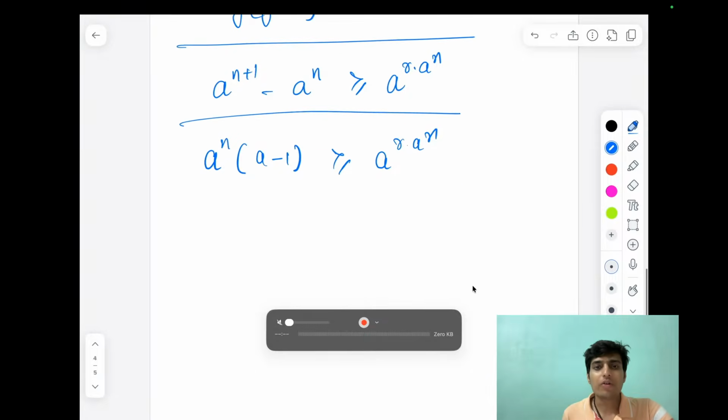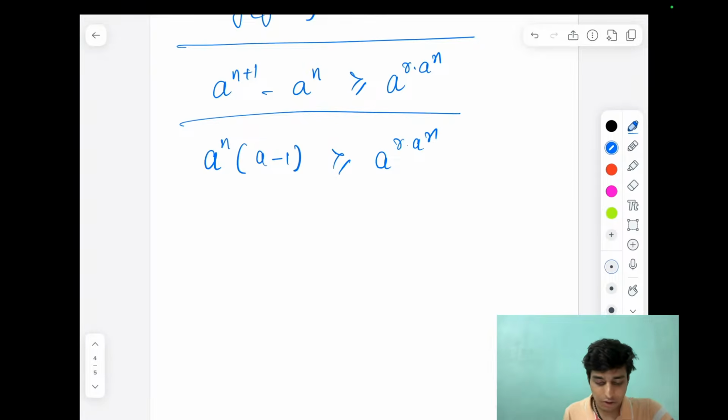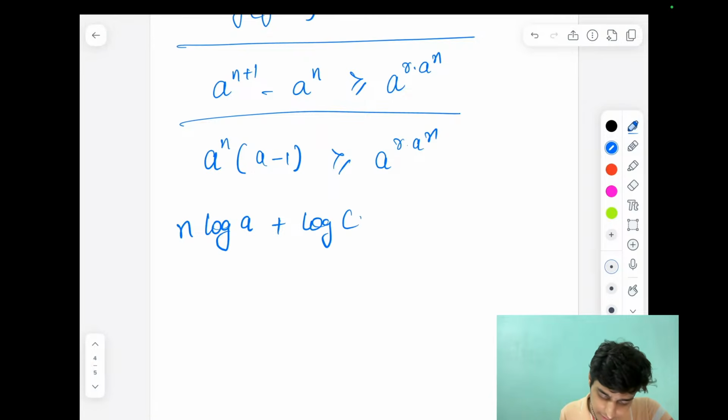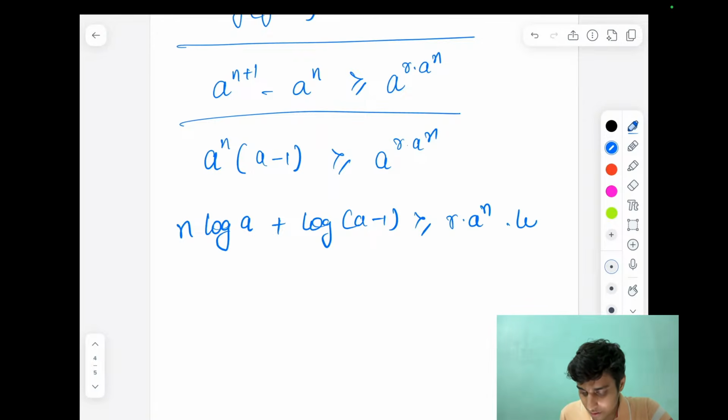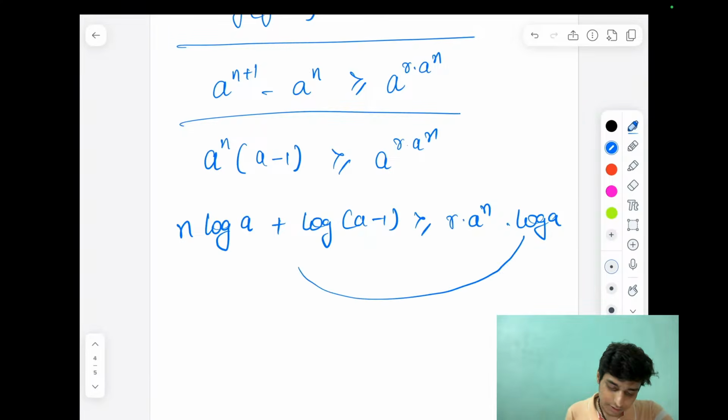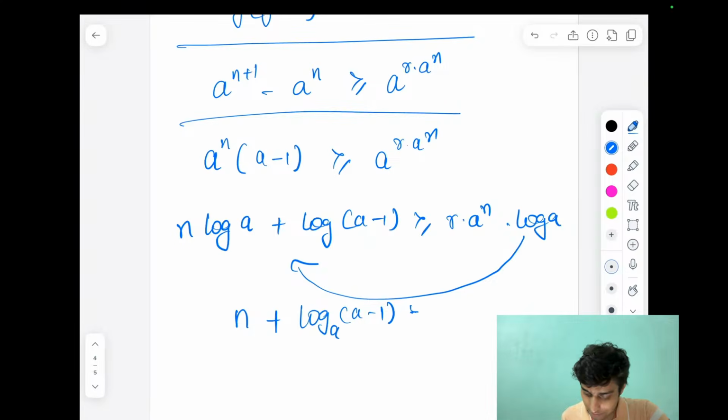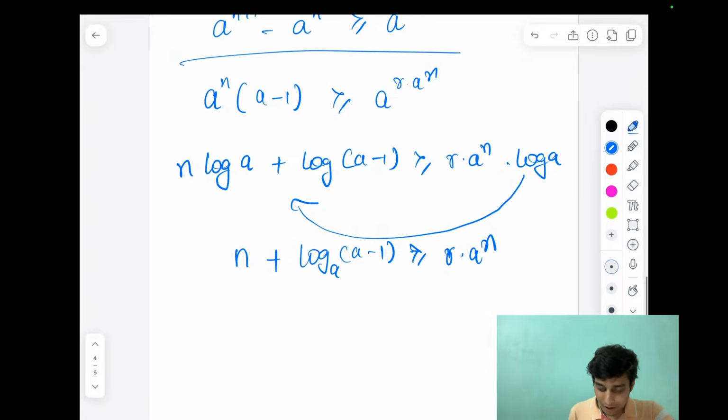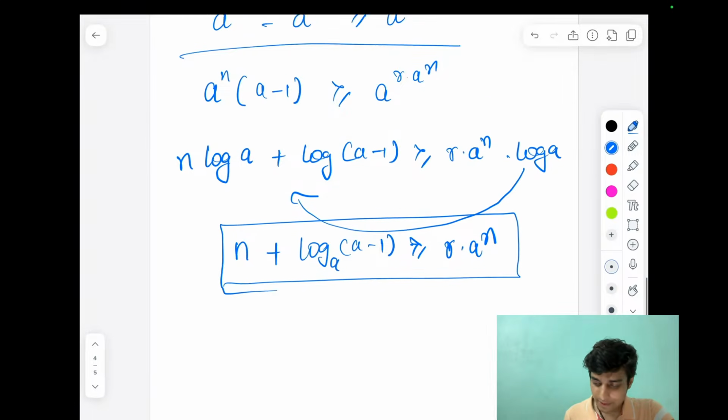We can go by taking log on both sides. So it's n log a plus log of a minus 1 is greater than or equal to r into a to the power n into log a. Can you observe something beautiful here?